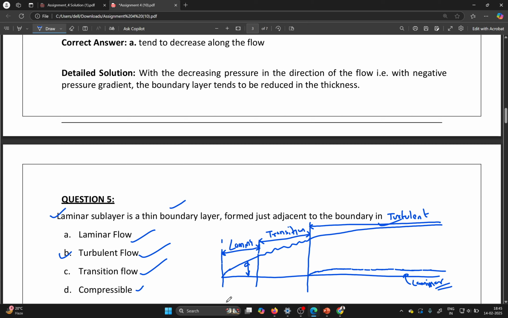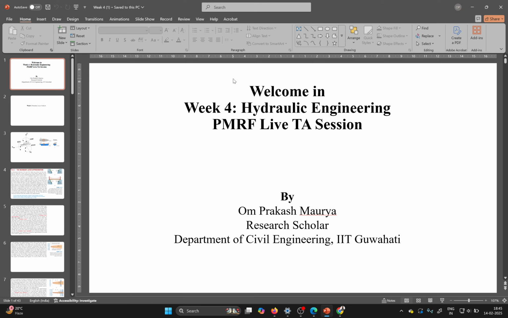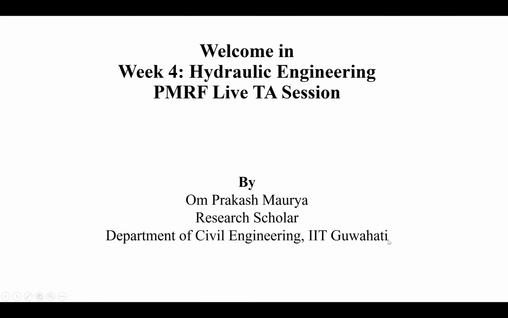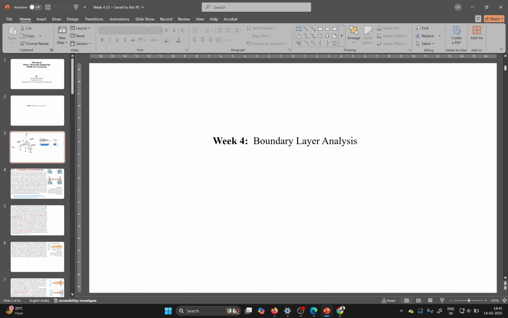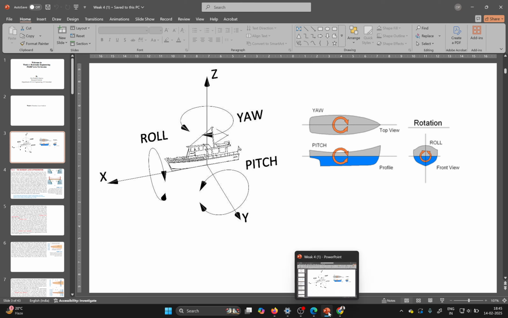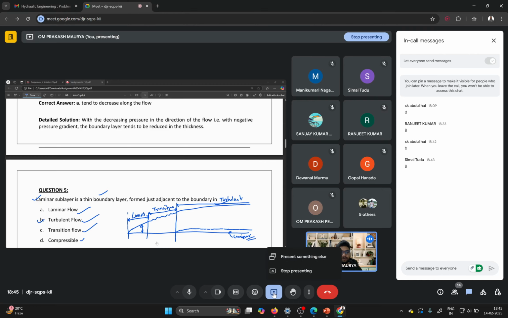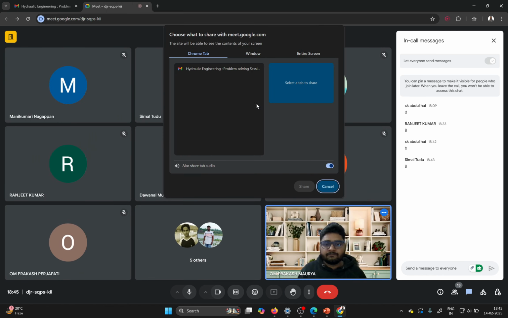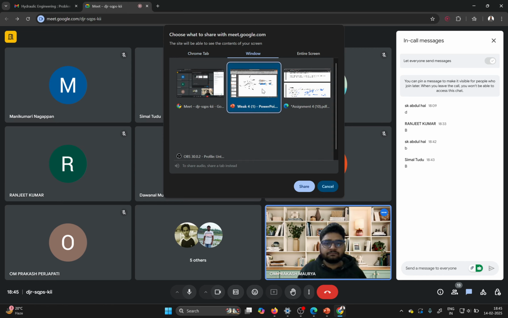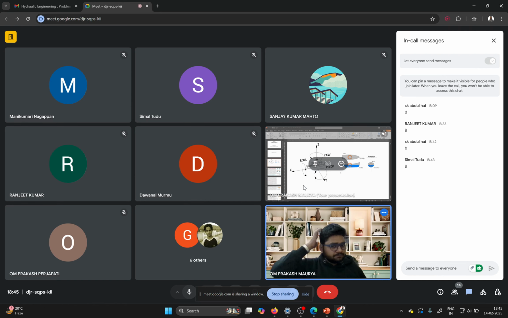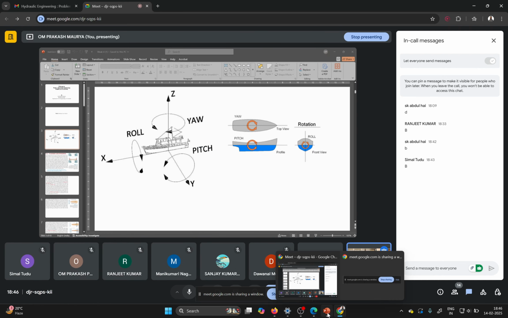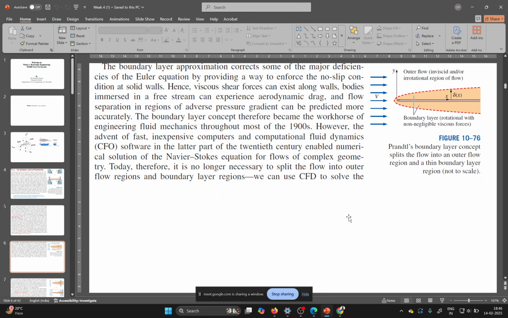I want to just show you how the boundary layer thickness actually looks. Please wait a few minutes. Hope it is visible.